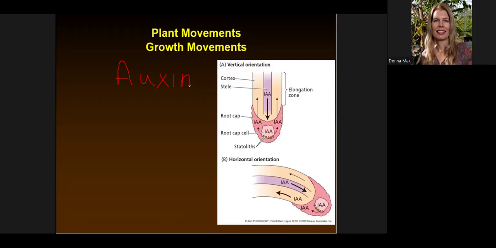Sometimes these hormones act differently in the root versus the shoot and vice versa. Okay. But it gets the job done. It allows for the root to start to curve and grow more toward the force of gravity. And the so-called statoliths, which are just amyloplasts, are really helping the plant figure out the force of gravity.